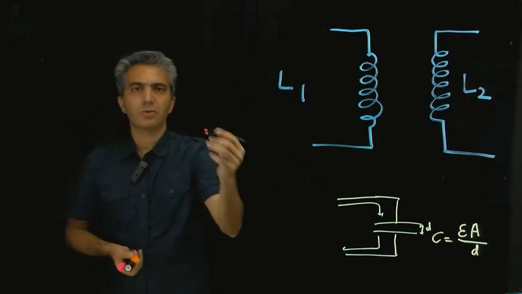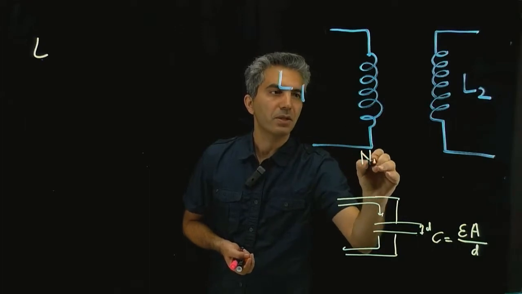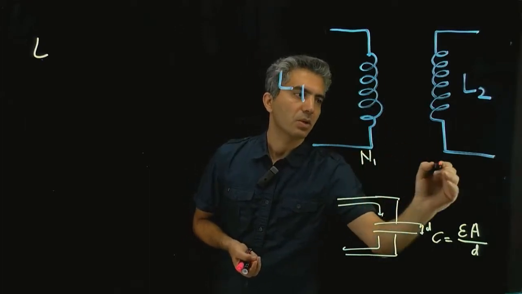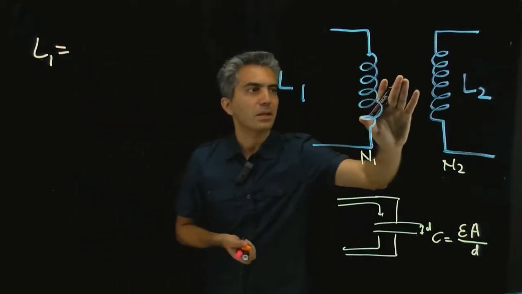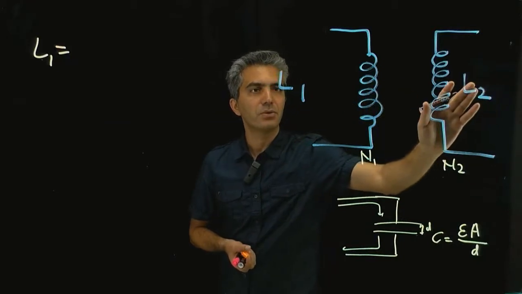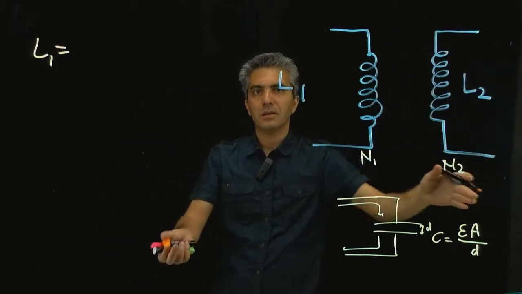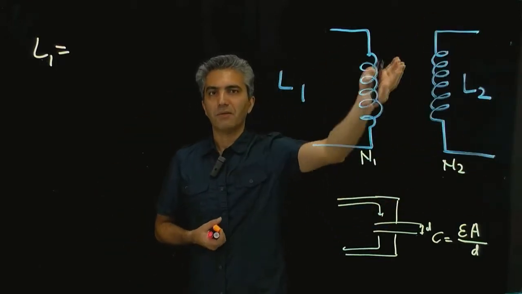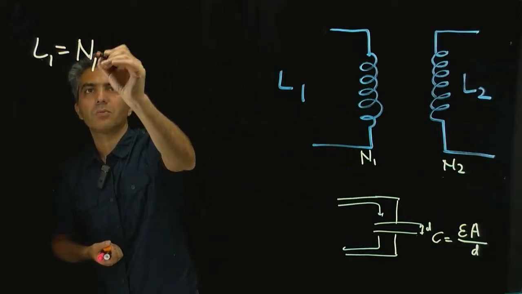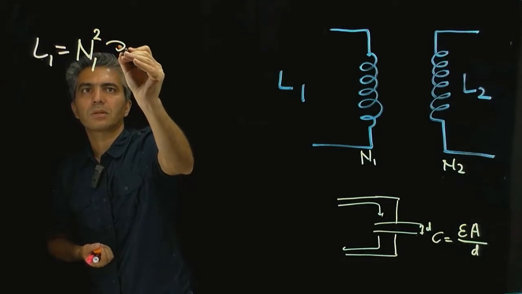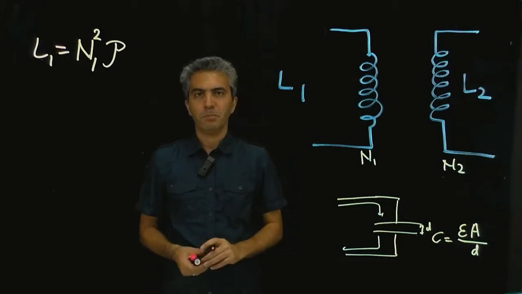Now, we're not going to go through details of how this is true, but if you assume that the number of turns for this inductor is N1, and for that matter, this one is N2, then L1, assuming that there is no effect from L2 or any other electrical conductor in the circuit on how the magnetic field forms in L1, you can prove that it's equal to N1 to the power of 2 times a variable called the permeance.